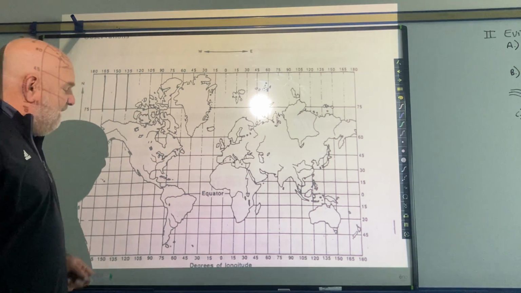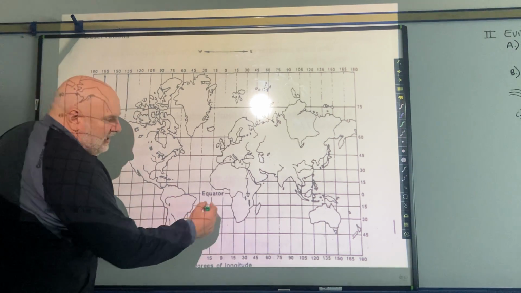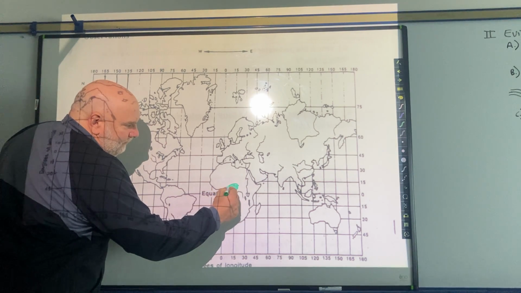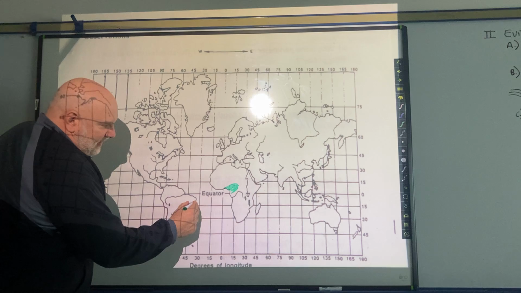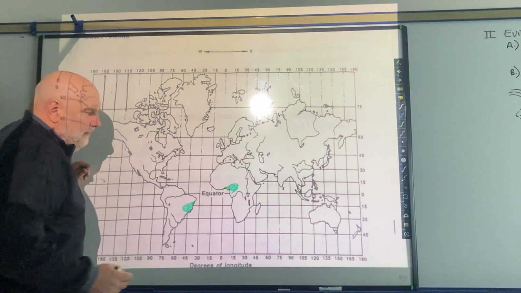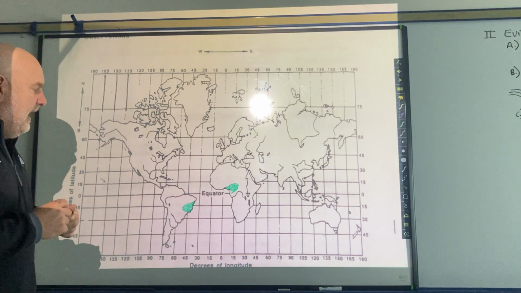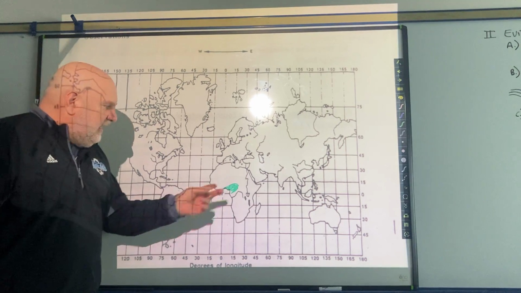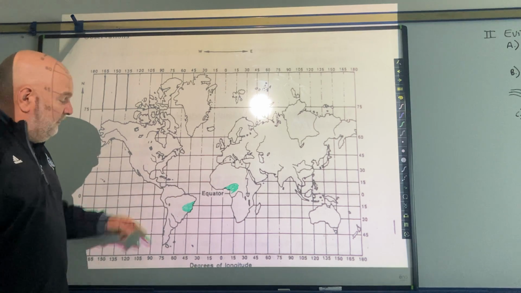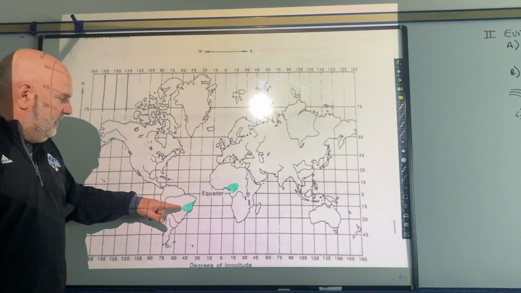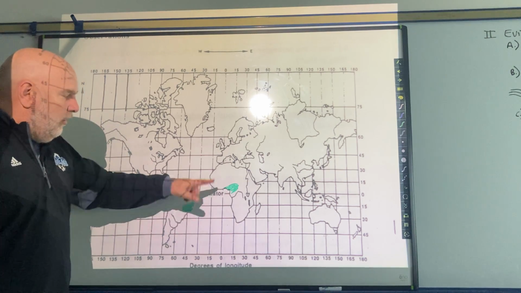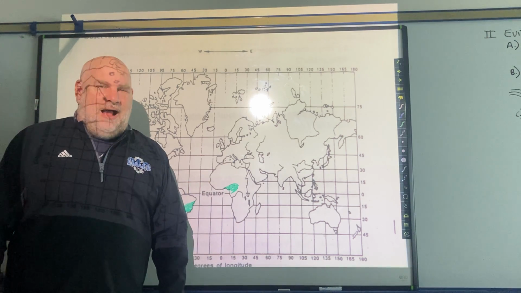like for example with fossils. All right, I may dig up and find a certain type of fossil over here in Africa, and then I might find the exact same fossil over here in South America. Now, if it was a bird fossil, you think, oh, the bird could fly across the ocean. But if it's a land creature over here and over here, the odds of a land creature swimming across the ocean for several thousand miles is pretty slim.